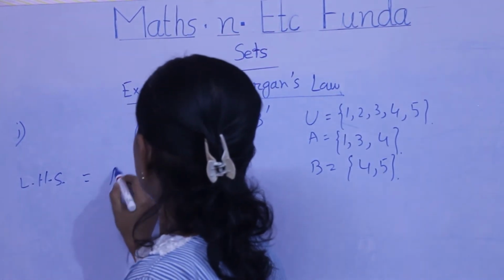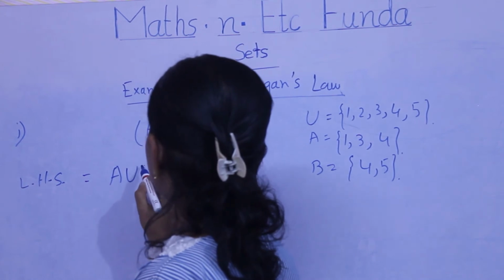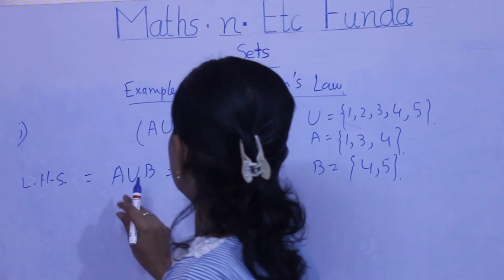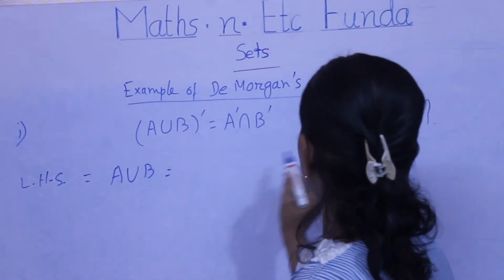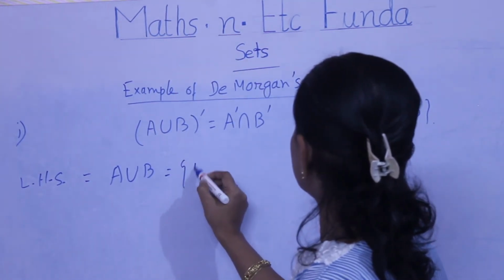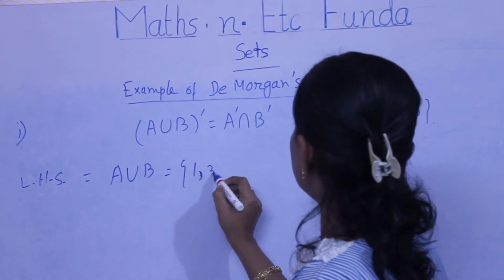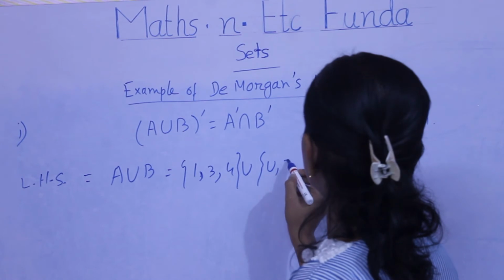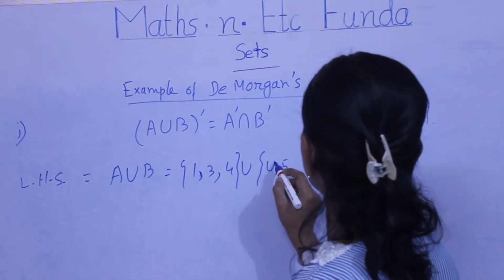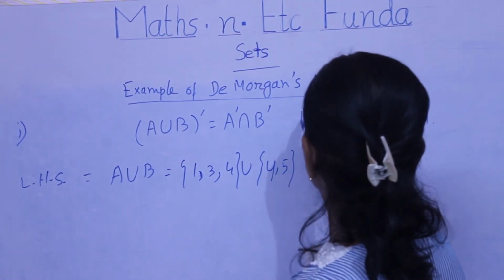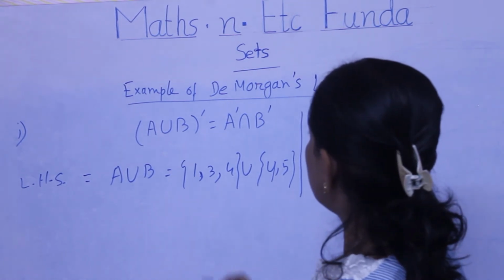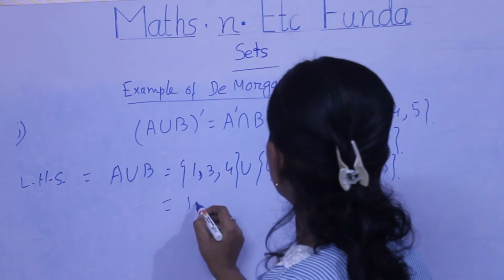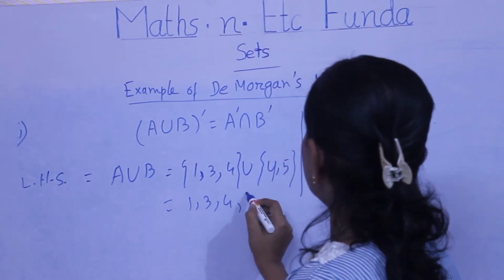So on the left hand side, we have to find (A union B) complement. First we find A union B. So what is A union B? {1, 3, 4} union {4, 5}. Here you have to combine all the elements. So {1, 3, 4, 5}.